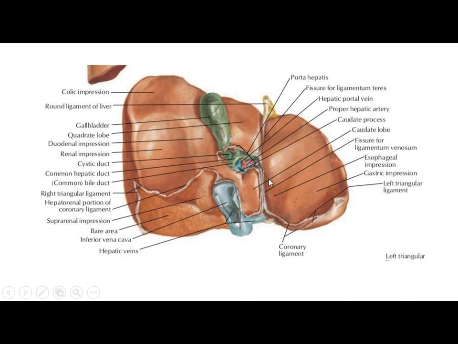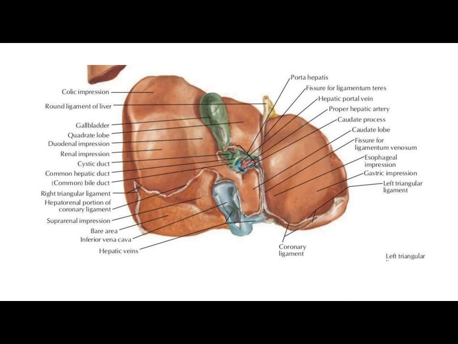From the inferior vena cava, what is the other connection? Here is the inferior vena cava, a tube. What is here at the other end? The ductus venosus.